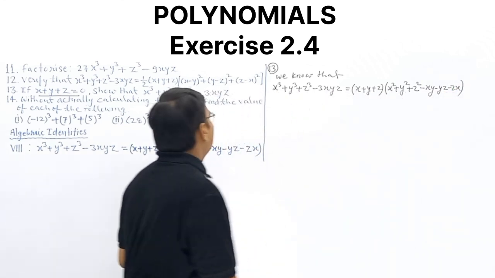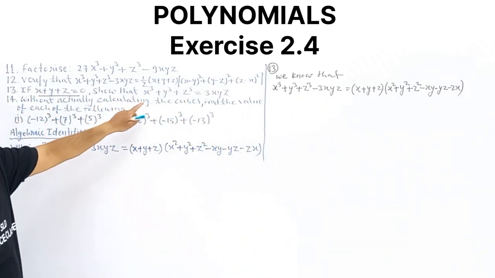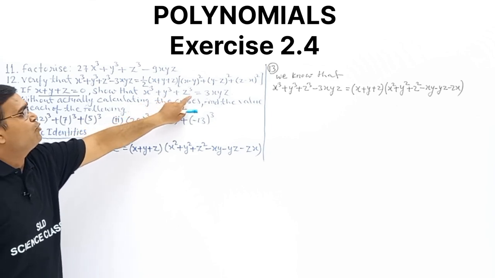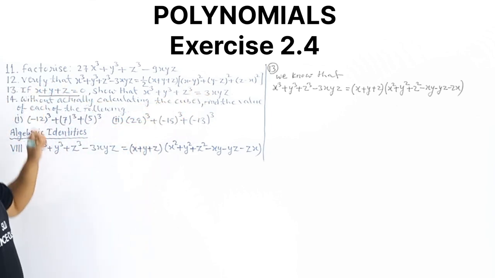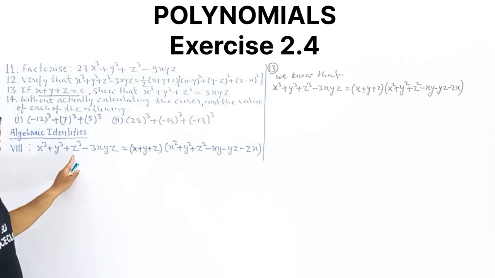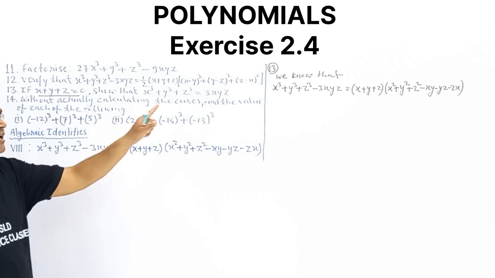Observe carefully. We want to prove whether x cube plus y cube plus z cube equals this or not, and we have one condition. So from algebraic identity 8 we have this result.